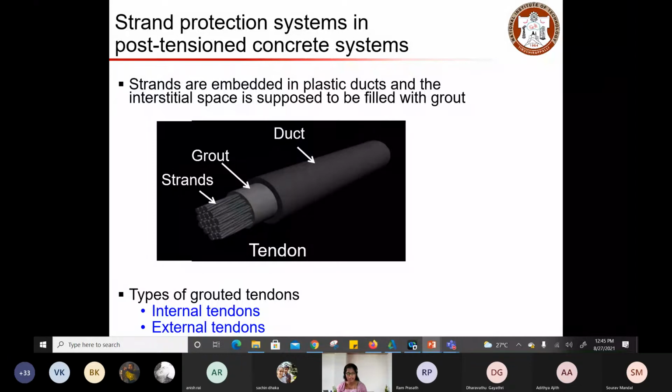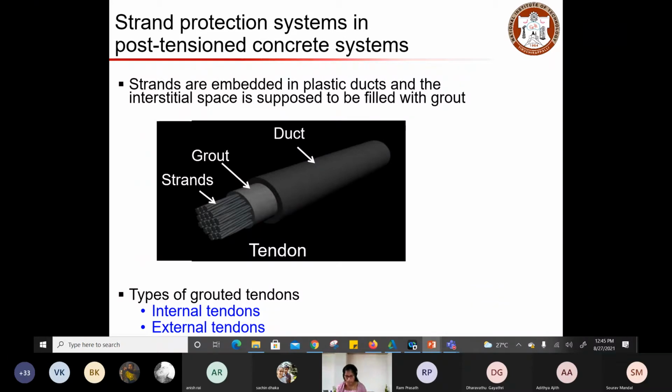This comes under bonded post-tension concrete systems, and this is called grouted tendons, and these tendons can be used internally in your pre-stressed system, or these can be used externally also for strengthening purposes. In either way, the idea here is to protect the strand.